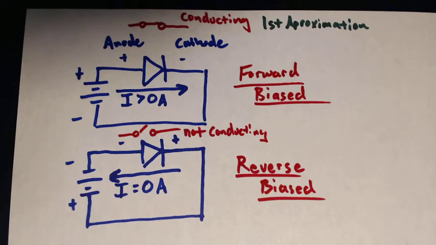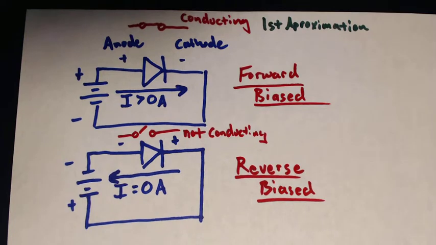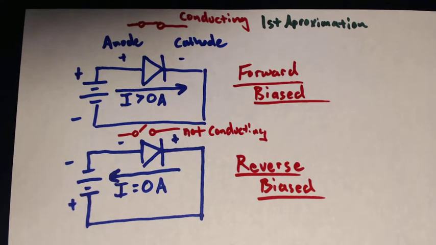Okay, so this is the basic principle of how a diode does work. Now, the second approximation is just a slightly deeper understanding of how a diode operates, and it's a little more accurate for the real world.